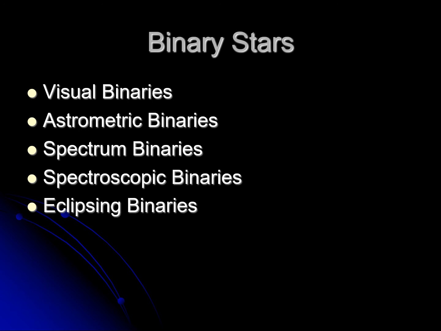Spectrum binaries: you have two different spectral types in one spectral image. Spectroscopic binaries: you see the spectral lines going back and forth. And eclipsing binaries: one of them gets in front of the other and the whole thing dims down. So these are the different types of binary stars.